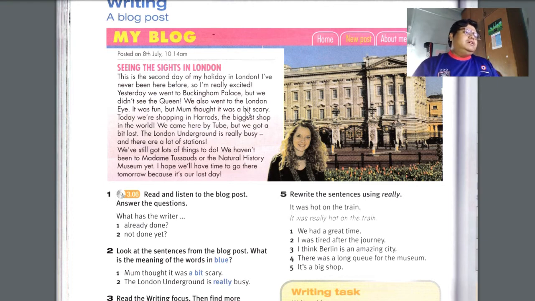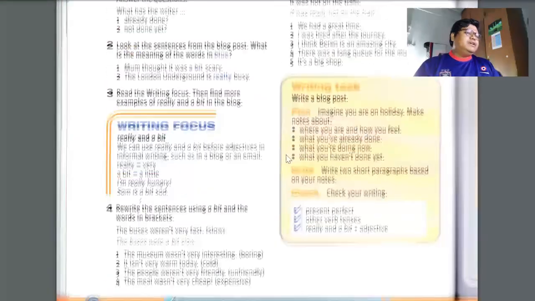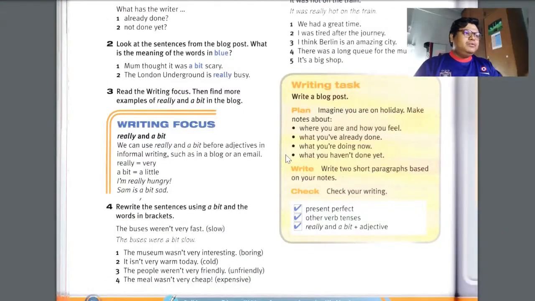So it may cause confusion. So mak dia kata it's scary, tapi mak dia pergi juga. So it's going to cause confusion. That's why we have modifiers like a bit. It's not really scary, it's just a little scary. Sikit lah. Okay, so I hope you understand why we use really and a bit.